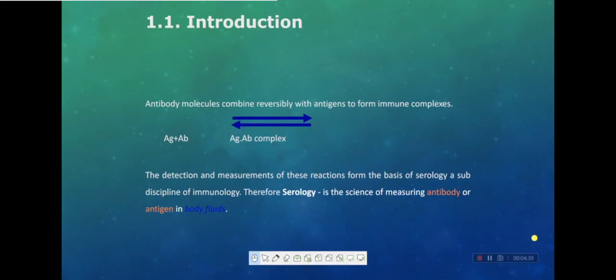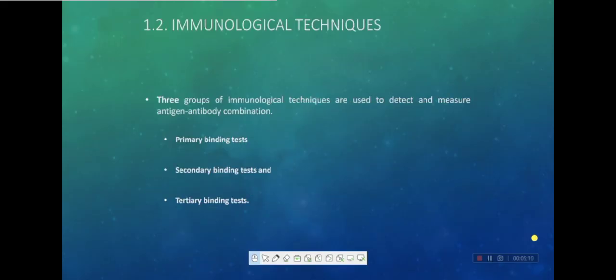The antigen reacts with the antibody, and an antigen-antibody complex is formed, which can be seen as precipitation, agglutination, flocculation, etc. The detection and measurement of these antigen-antibody reactions form the basis of serology, which is a subdiscipline of immunology. Therefore, serology is the science of measuring antibody or antigen in the body fluids.